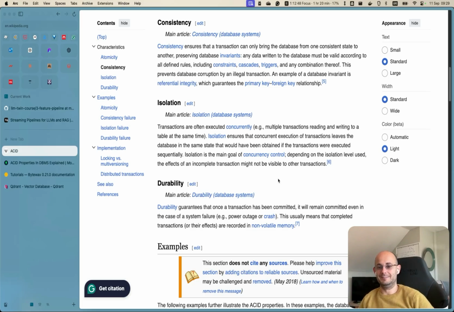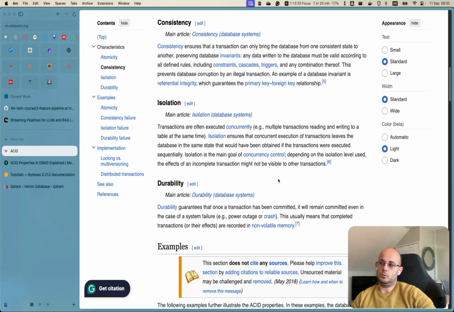Isolation is the reason why database tables will lock. So essentially, you don't want two transactions to occur at the same time. So imagine you have a transaction that adds users and you have a transaction that removes users, and the one that removes users is counting on the first one to complete. If they both happen at the same time, you don't have any guarantees that you're going to end with the correct data at the end of the operations.